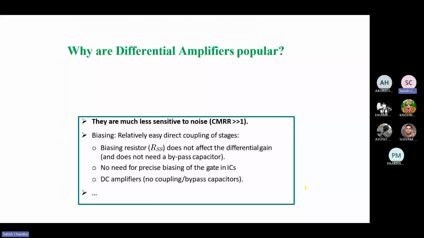Biasing is relatively easy, with direct coupling for off stages. The biasing resistor does not affect the differential gain and does not need a bypass capacitor. In a conventional amplifier, we require a coupling capacitor and all this to amplify the gain. Rather than that, we can do it with the RSS. So that is what it is saying: there is no need for precise biasing and gate in the IC.